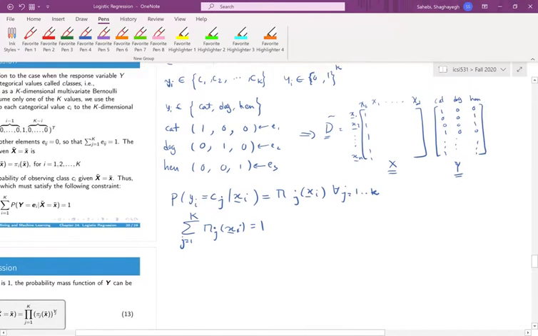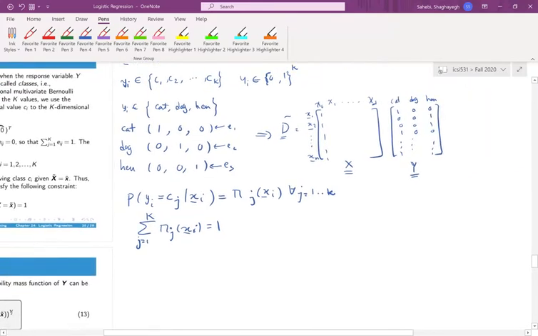Actually, if you remember from the binary situation, we can define it like that also. We had the probability of yi being equal to 1, which was pi of xi, and the probability of yi being equal to 0, which was 1 minus pi of xi, right?